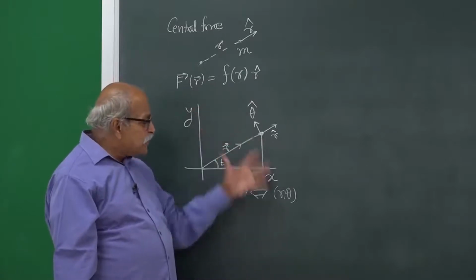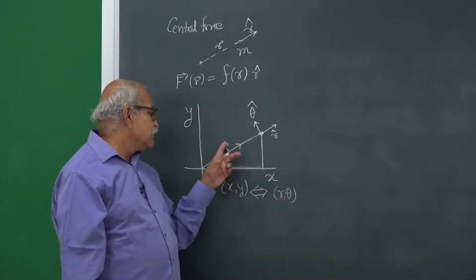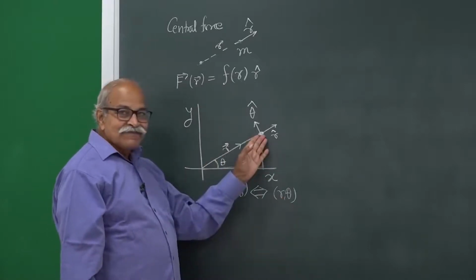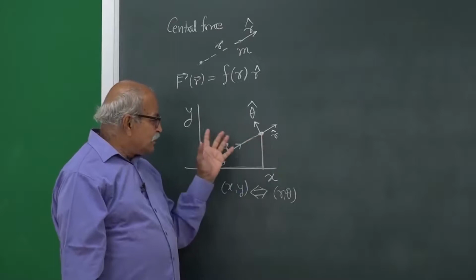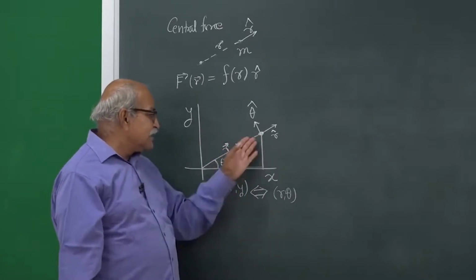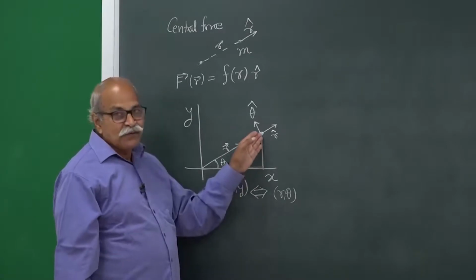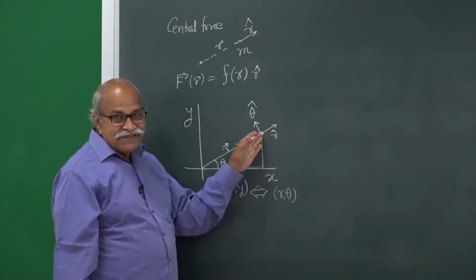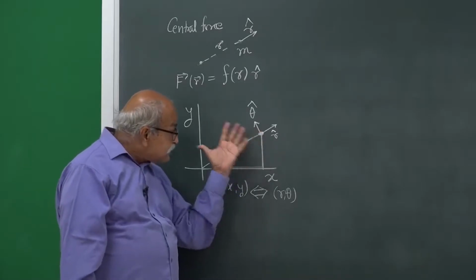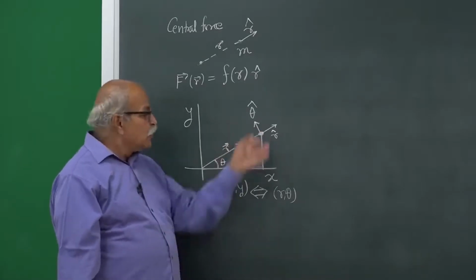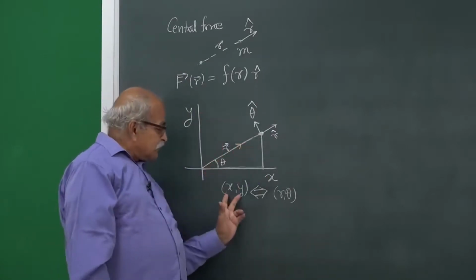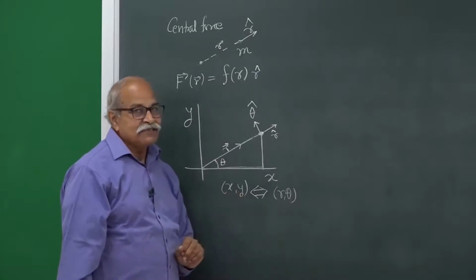If it is in the xy plane, give me r, give me theta, I know where the particle is. If I know that it is in the xy plane, give me x, give me y, I know where the particle is. But if it is leaving this xy plane and it moves in 3-dimensional space, z is also there, then neither this is sufficient nor that is sufficient.